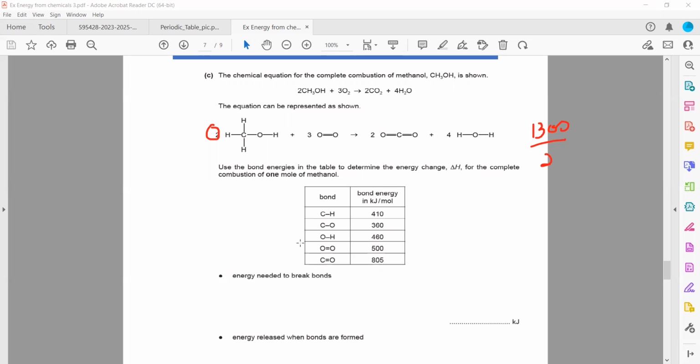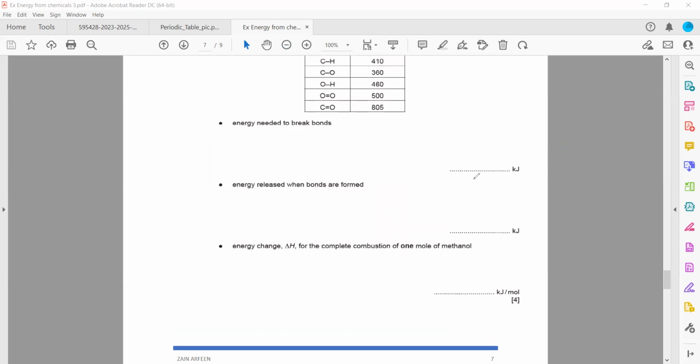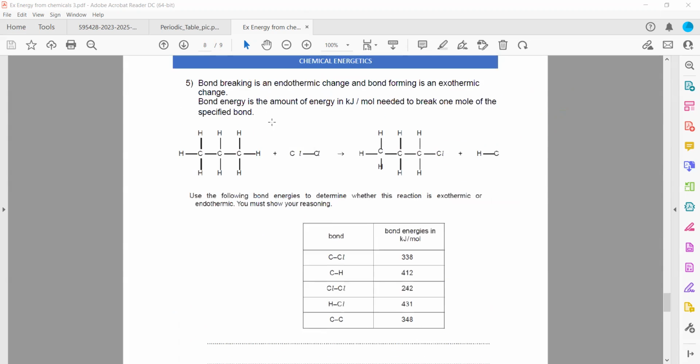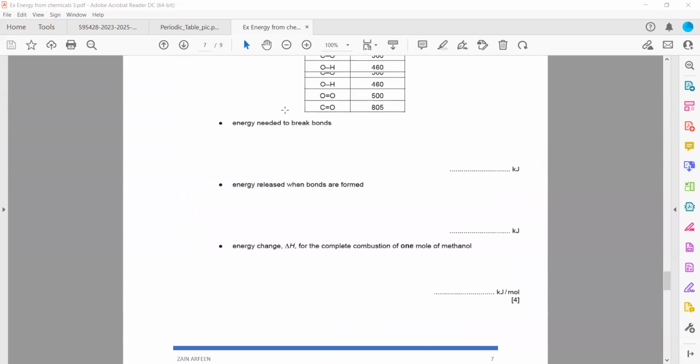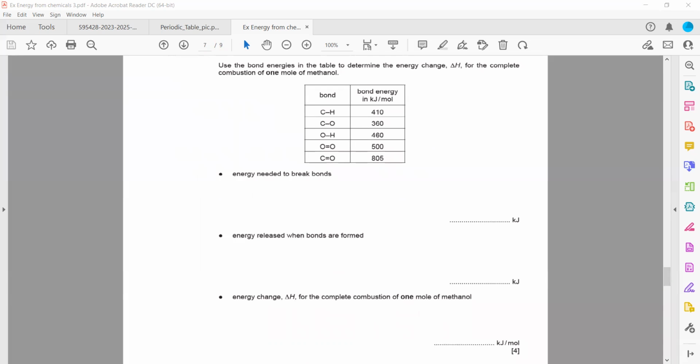So this is 5,600, this was 6,900, and when we calculate the difference it is 1,300. That is correct, but because they asked for 1 mole, it is divided by 2. So these are some questions related to the topic of enthalpy change and energy change.